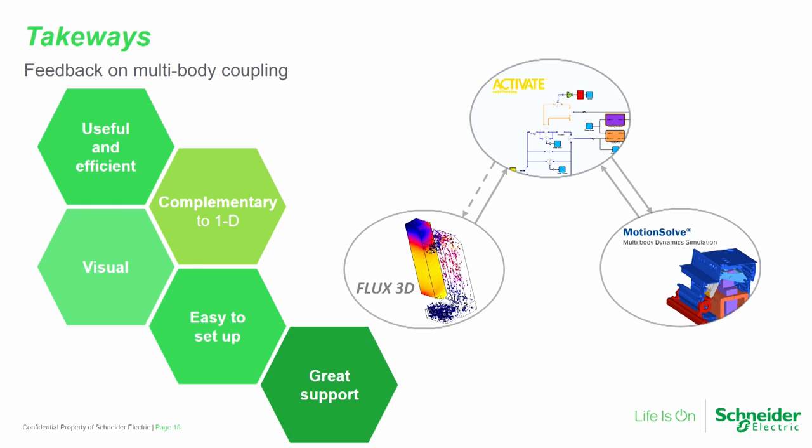Then it's very easy to set up, as I said. Once you've defined your inputs and outputs, drag and drop in Activate. You just need to match the solver on a few parameters, but that's pretty much it. And this is really nice. You don't need to spend too much time matching the solvers, and it runs pretty smoothly.